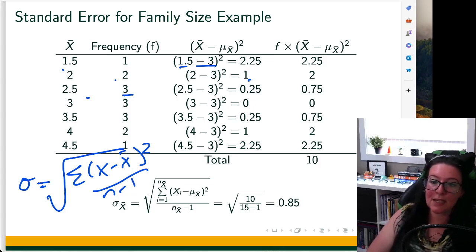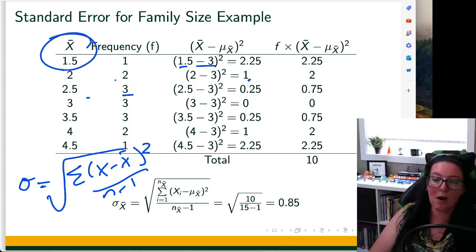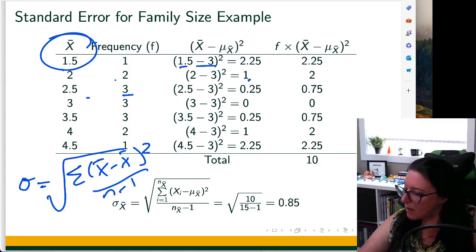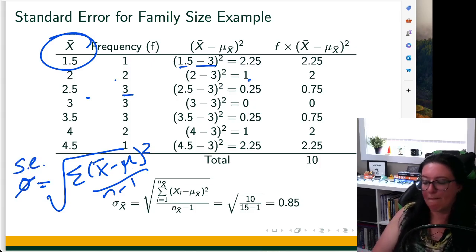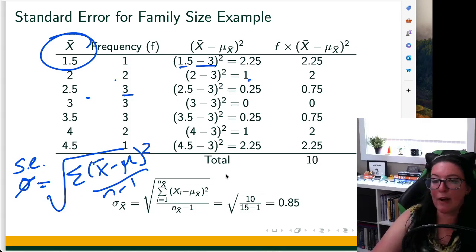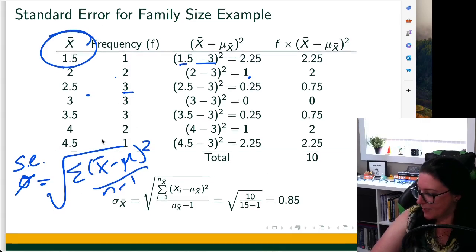The difference here is that we are looking at x bar instead of x's, and so this becomes x bar and this becomes mu. And sometimes this is listed as standard error. So the variability in the averages.